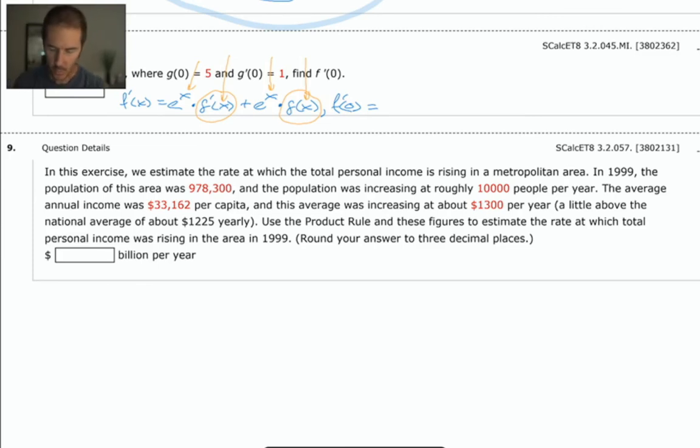And you need to be aware that total personal income is equal to population times average annual income per capita.